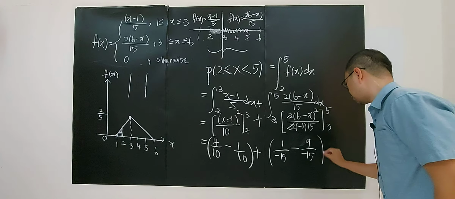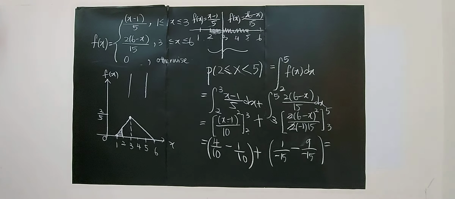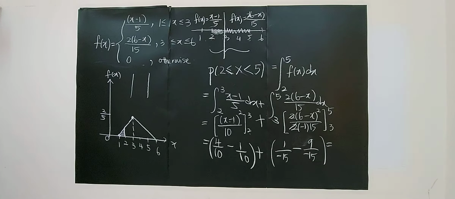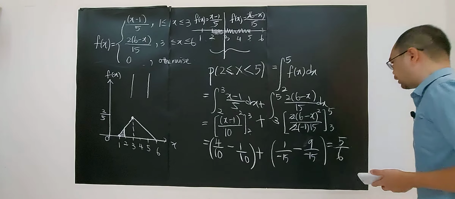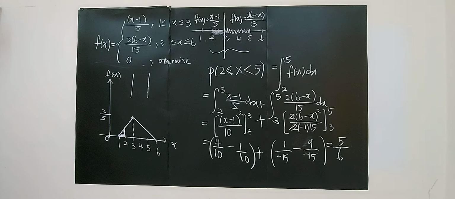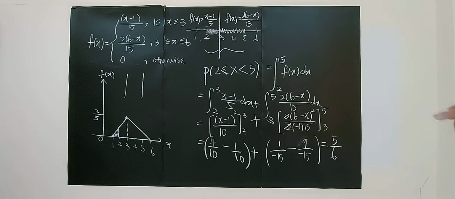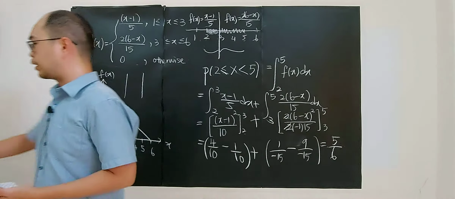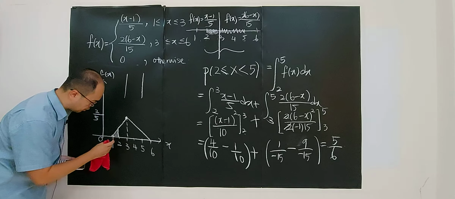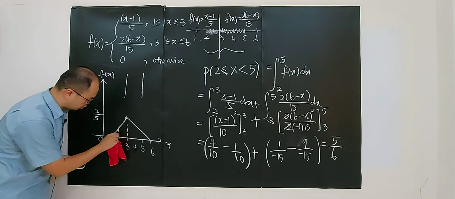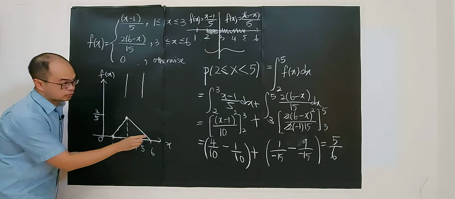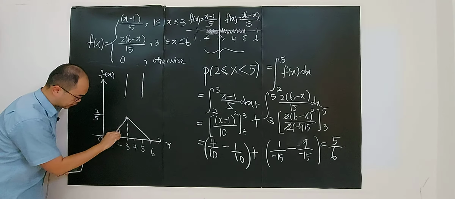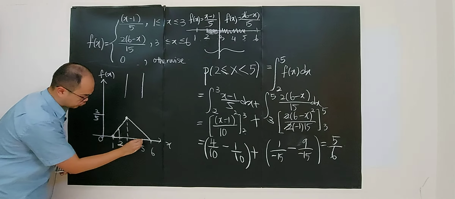So let's evaluate the probability. After calculating and adding everything, we're getting 5 over 6. The value of 5 over 6 here actually represents the area. Now we talk about from 2 up to 5.